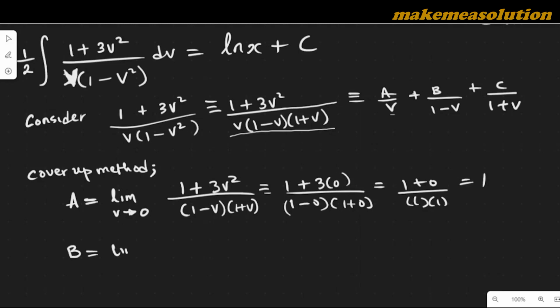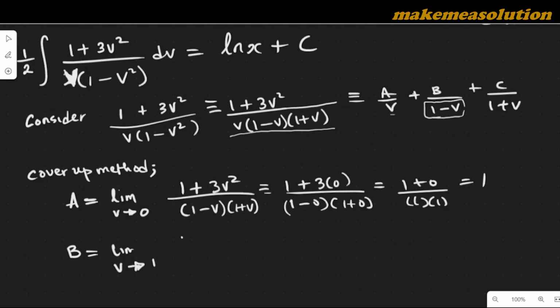So B is the limiting value as v tends to... So you now ask yourself, what should I substitute into this linear factor here? That's this one over here. What should I substitute to make it 0? And clearly you agree with me that that's 1.